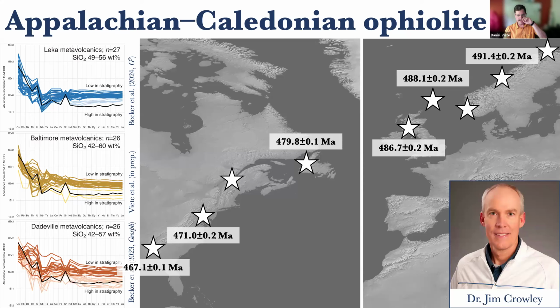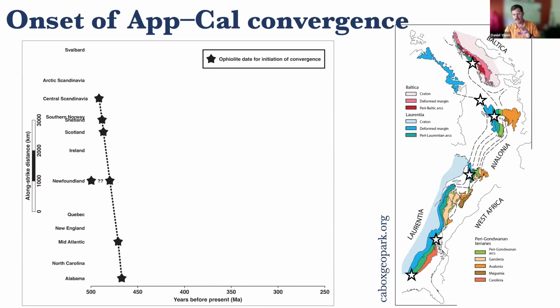So these data here can be placed in a framework of distance and time. So I'm going to use this little plot a little bit. Each of these stars represents one of those dates on the last slide. And so you can see that on the x-axis here is years before present within the Appalachian system. And this is a long strike distance.